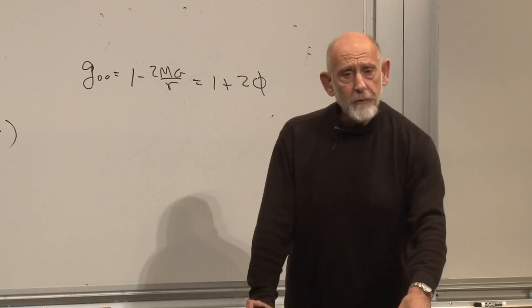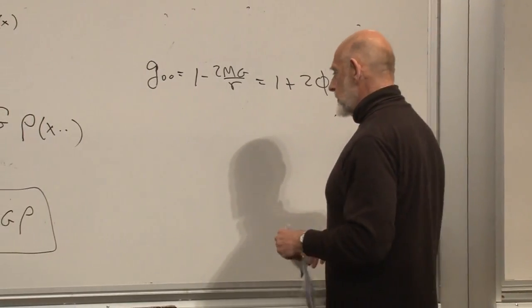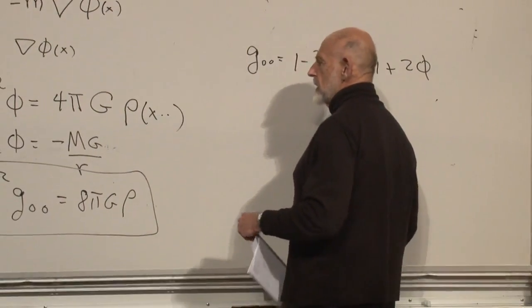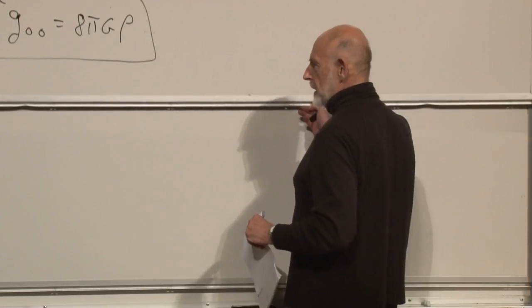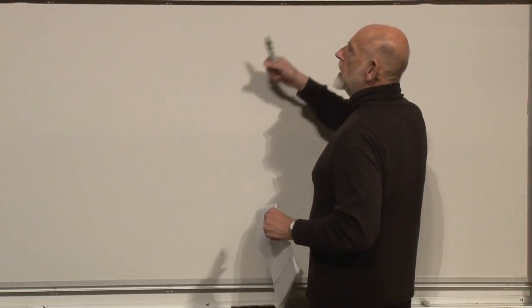Okay, before we do and before we write down the field equations, we need to understand more about the right-hand side. The right-hand side is the density of matter, density of mass. Mass really means energy. E equals mc squared. If we forget about c and set it equal to 1, then energy and mass are the same thing.